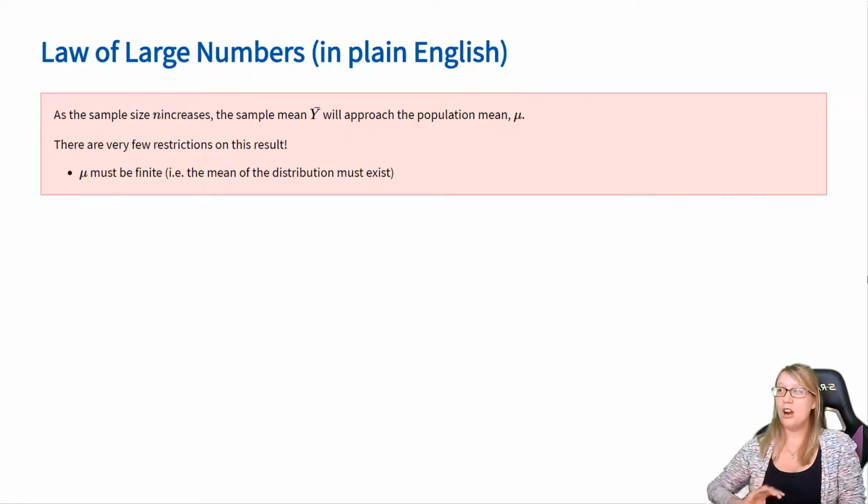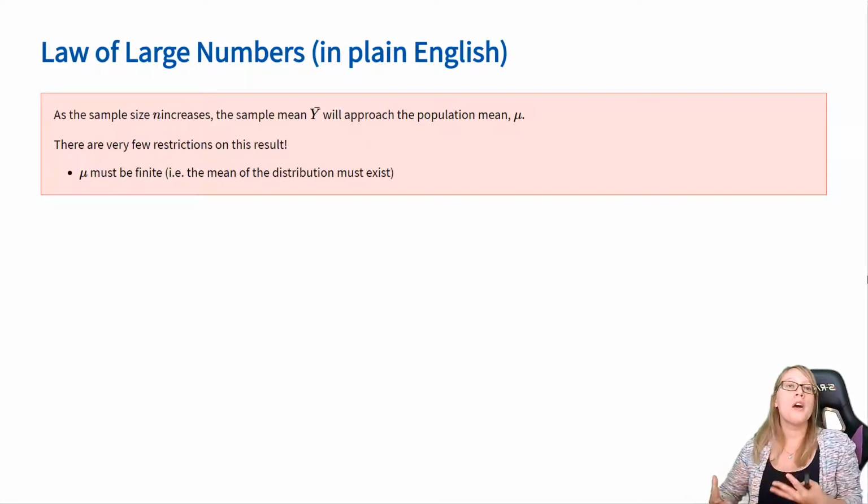Now, there are a few restrictions on this result, and here's the big one. Mu must be finite, so we have to be thinking about a random variable for which the mean of the distribution exists, and unfortunately that is not always the case. But what the law of large numbers is really truly telling us is that as the sample size n increases, the sample mean y bar will approach the population mean mu.